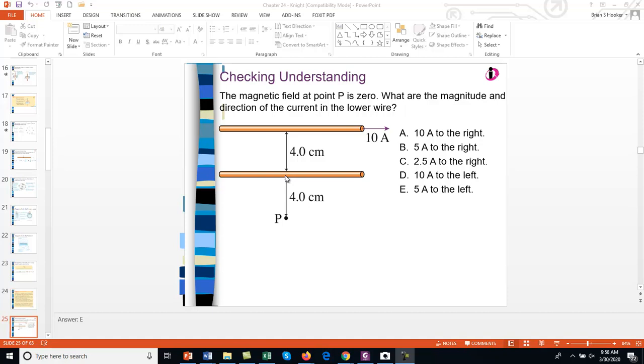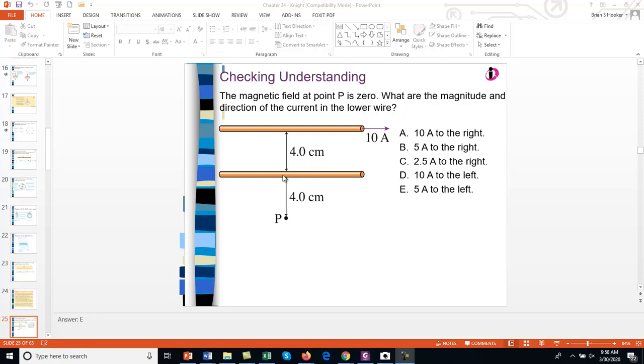So in order to cancel that out, we need the magnetic field for the second wire going out of the page. So we know the current in the bottom wire has to be going to the left. It can't be going to the right. So it's either D or E, 10 amps to the left or 5 amps to the left.